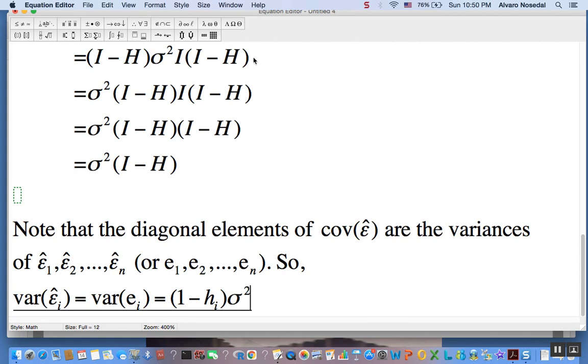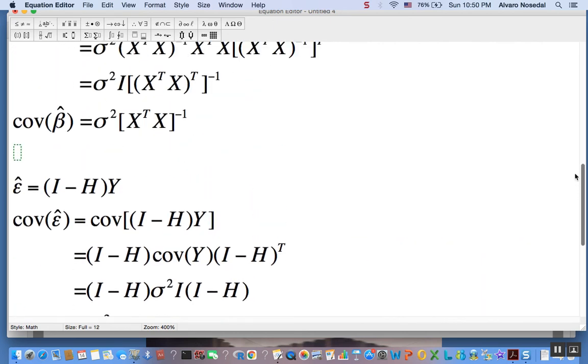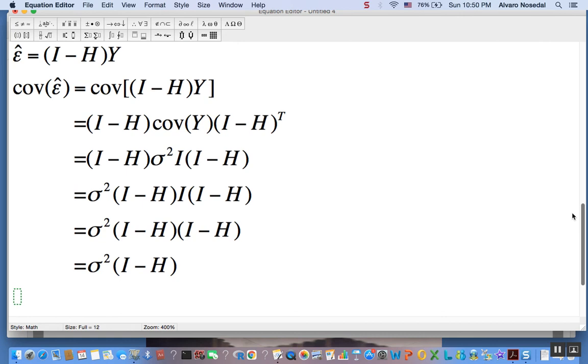To be more precise, what happens when you transform a random vector with a linear function that looks like this: a matrix A times your random vector y, plus a vector of constants c. Then what you end up with is A times covariance of y times A transpose, and we applied that proposition to find the covariance matrix for beta hat and for epsilon hat.